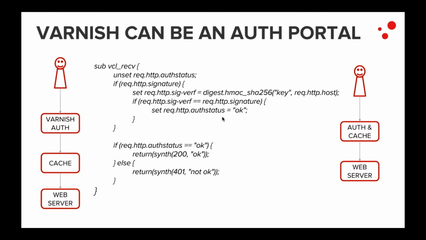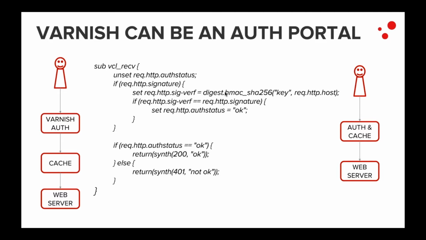You might want to have a separate authentication server, but you can also implement that in Varnish. Just to give you a very simple example of how authentication works, this VCL snippet, vcl_recv, is the first VCL subroutine which each request has to go through. So whenever a request comes in, in this scenario, Varnish will check if the user is also presenting a signature header.